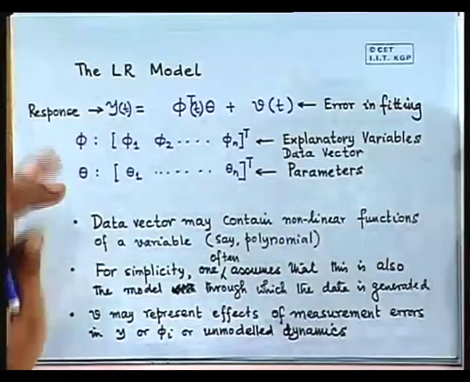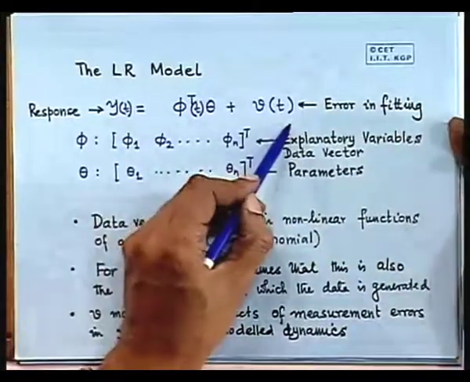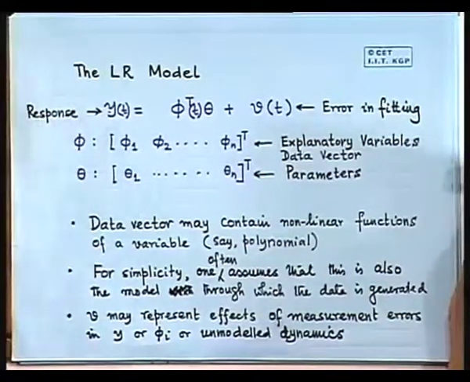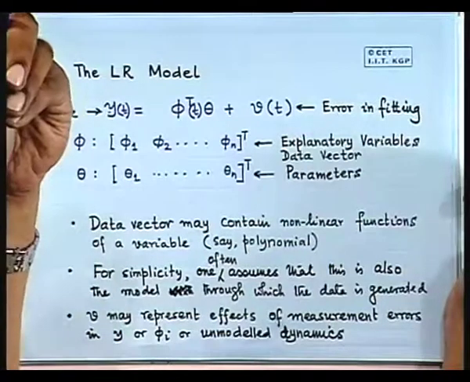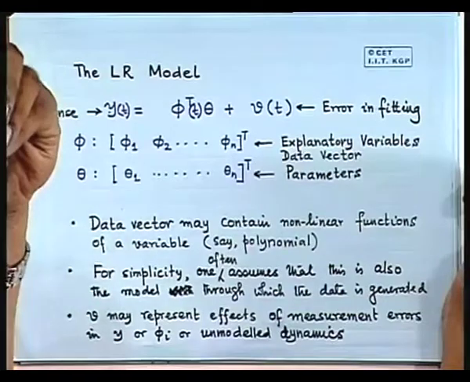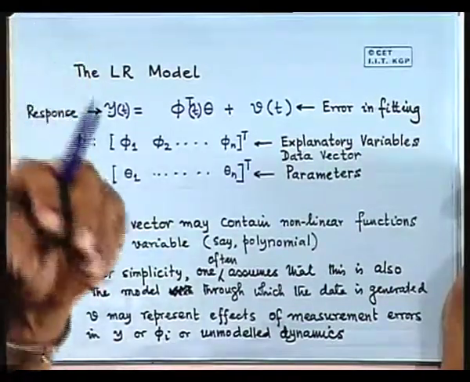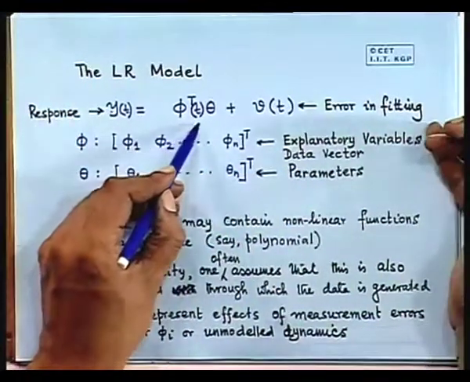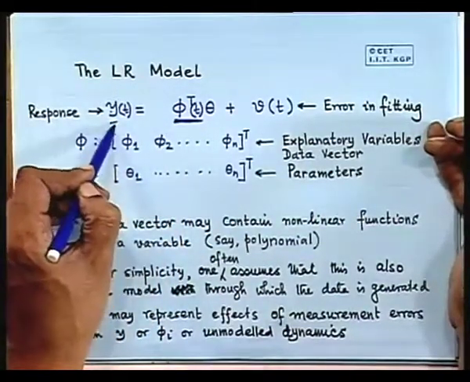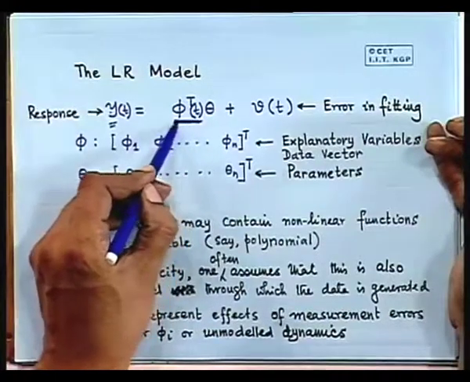So in linear regression, we typically use a model like this, where we have some responses, right? And we have what are sometimes known as explanatory variables. So we want to know how this response depends on these explanatory variables.